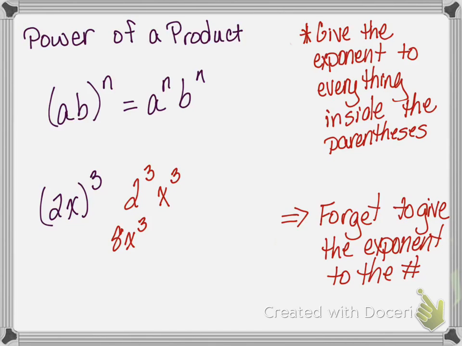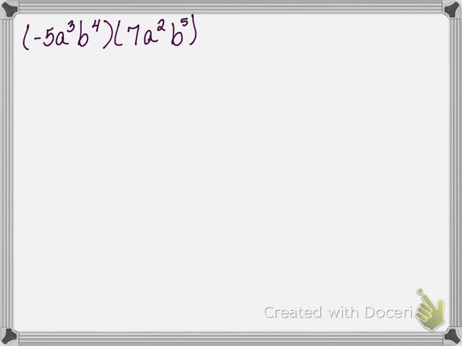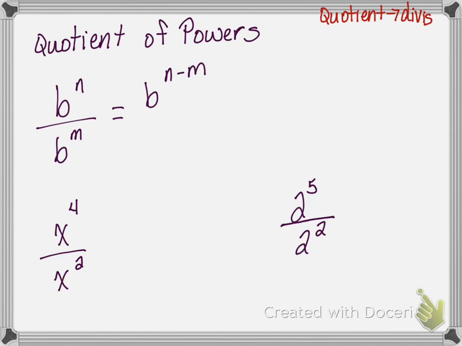Okay. This is a quotient of powers. We talked about product of powers. Now we're talking about the quotient of powers. The word quotient means division. Okay? The word quotient is the answer to a division problem.